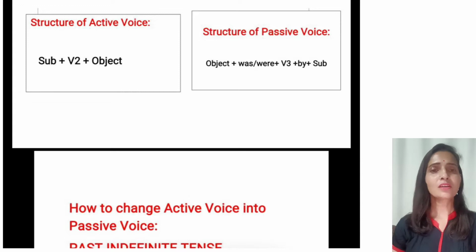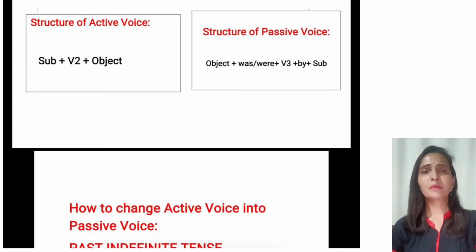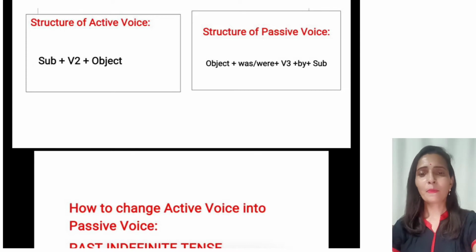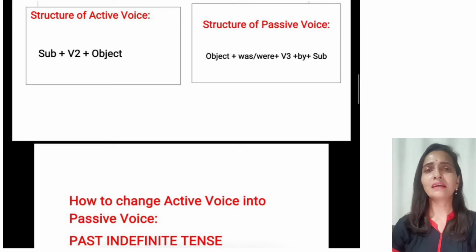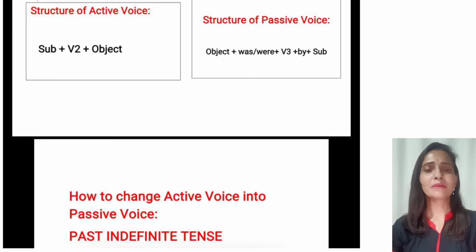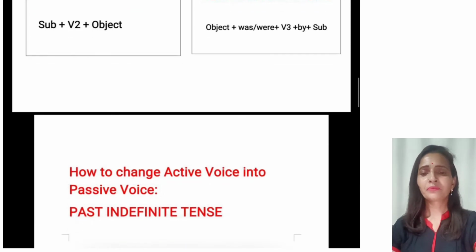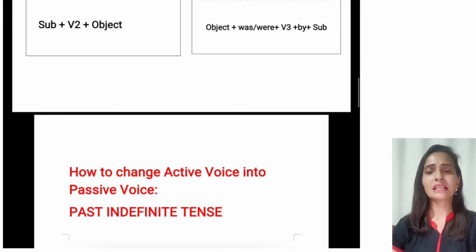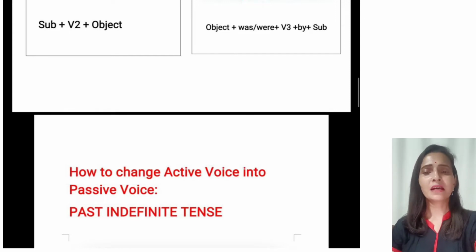Structure of passive voice: object plus was/were plus verb 3 plus by plus subject. If your active voice is in the past indefinite tense, meaning subject plus verb 2, then you will use helping verb was/were. Okay. So how to change active voice into passive voice? Let's start with past indefinite tense.